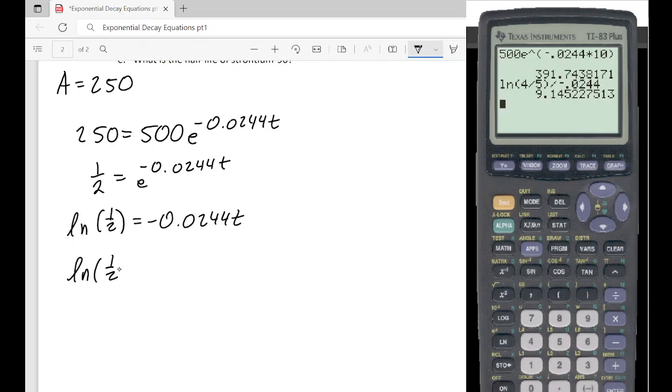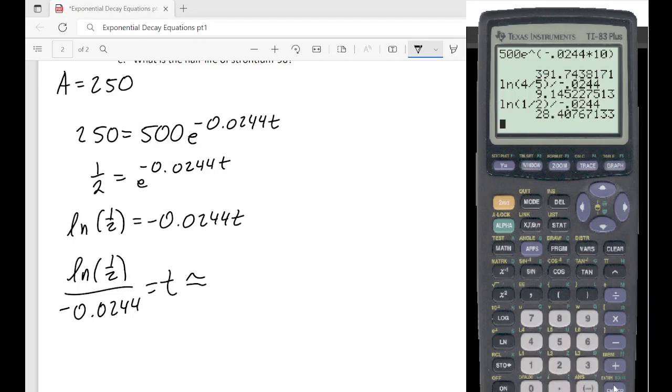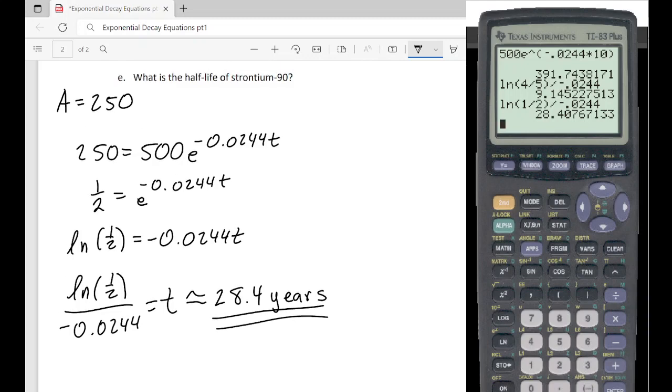So ln of 1/2 over negative 0.0244, which is t, but I need a number, so I'm going to plug it into my calculator: ln of 1/2 divided by negative 0.0244. And I will get 28.4, so 28.4 years for it to decay to half of its original amount.